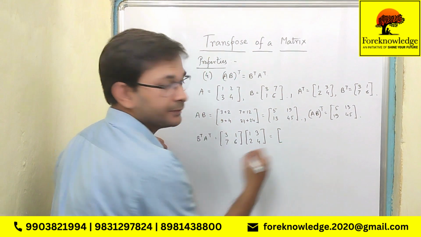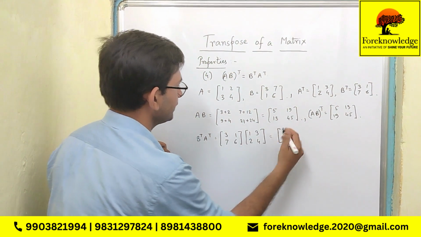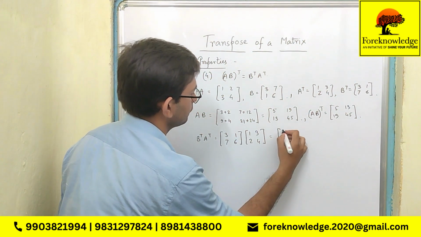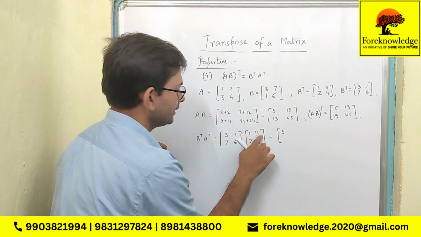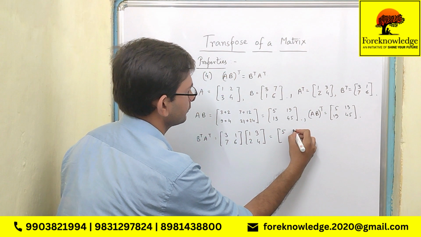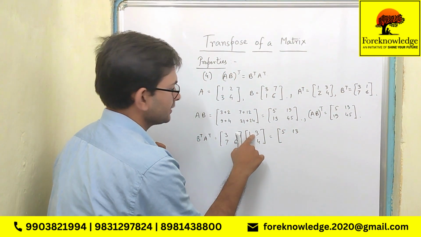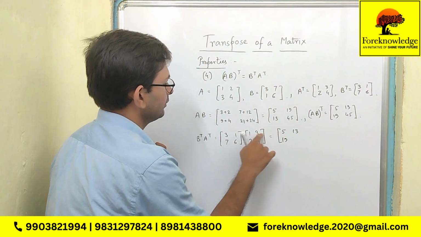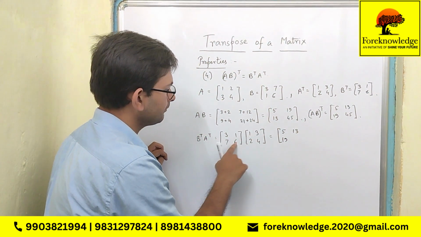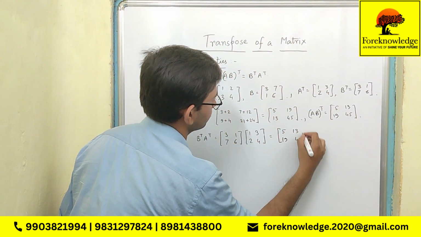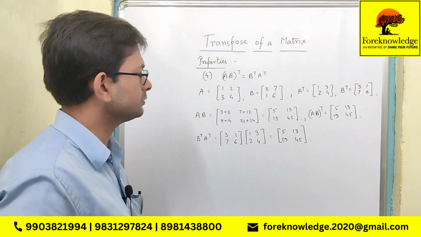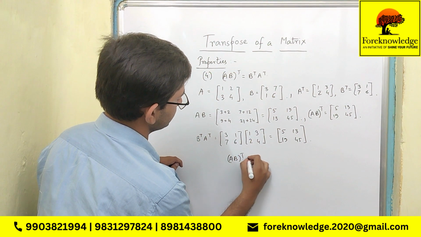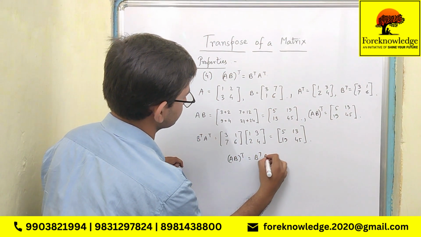So let's multiply. 3 into 1, 3, plus 1 into 2, that is 5. 3 into 3, 9, plus 4, 13. 7 into 1, 7 plus 12, 19. 7 into 3, 21 plus 24, 45. So look, AB transpose equals B transpose A transpose.